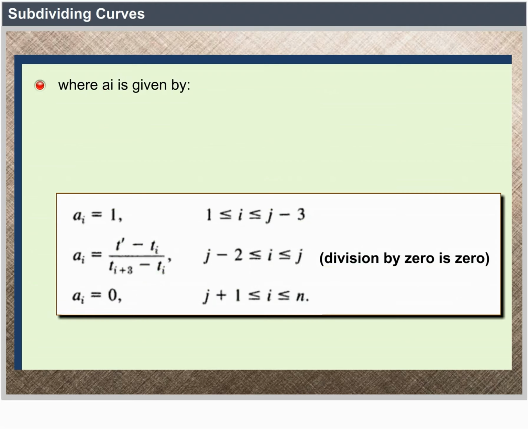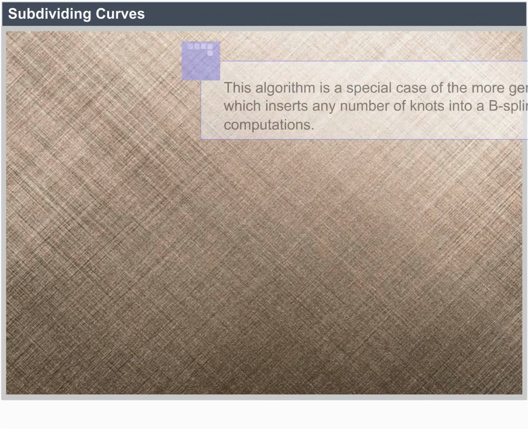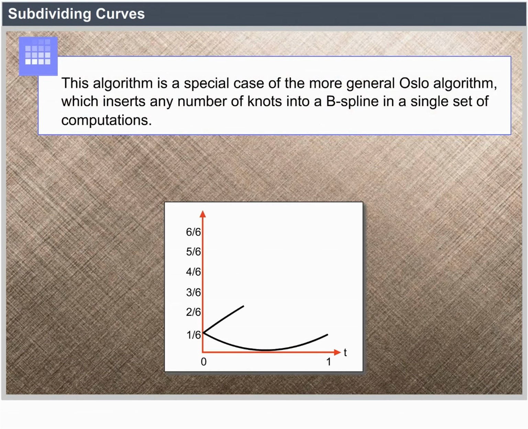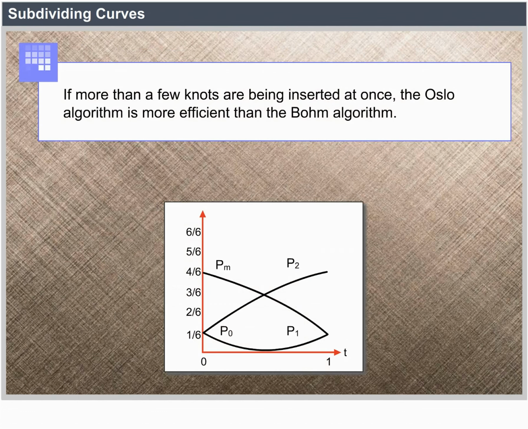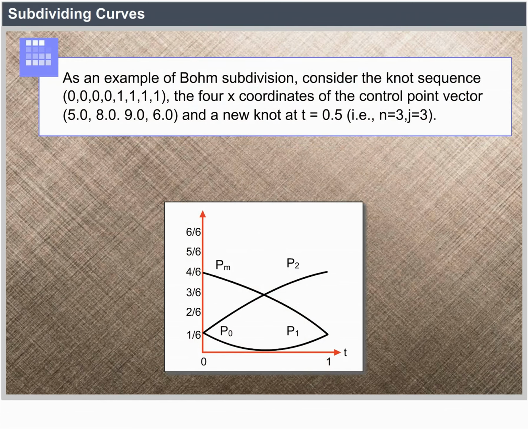This algorithm is a special case of the more general Oslo algorithm, which inserts any number of knots into a B-spline in a single set of computations. If more than a few knots are being inserted at once, the Oslo algorithm is more efficient than is the Bohm algorithm. As an example of Bohm subdivision, consider the knot sequence 0 0 0 0 1 1 1 1, the 4 x coordinates of the control point vector 5.0, 8.0, 9.0 and 6.0 and a new knot at t equals 0.5, that is n equals 3, j equals 3.